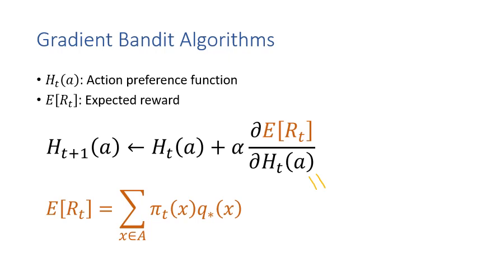So our formula becomes, let's rewrite it, we only need to take the partial derivative of our new function pi_t over the preference of action, and the Q star is unchanged.